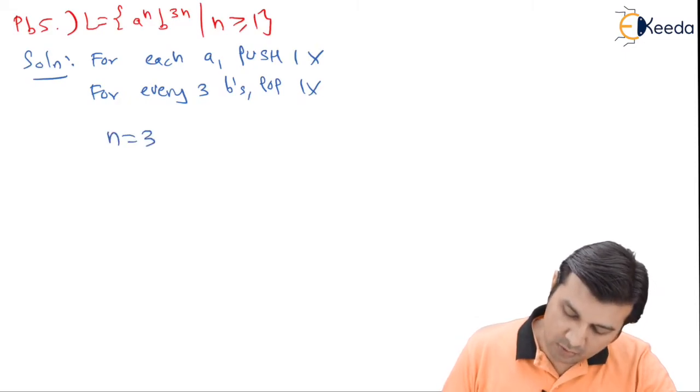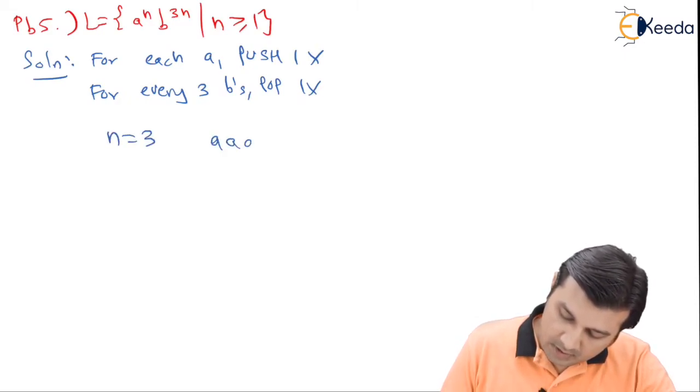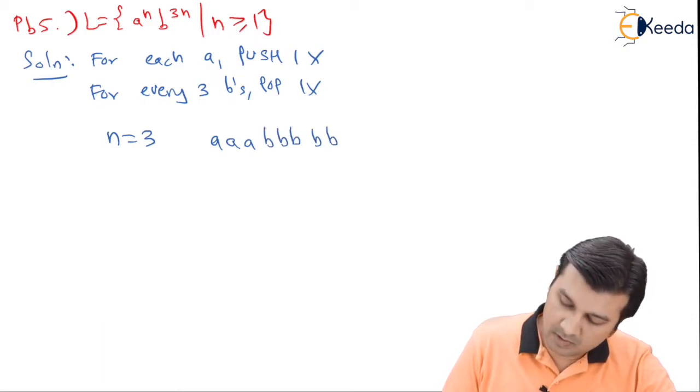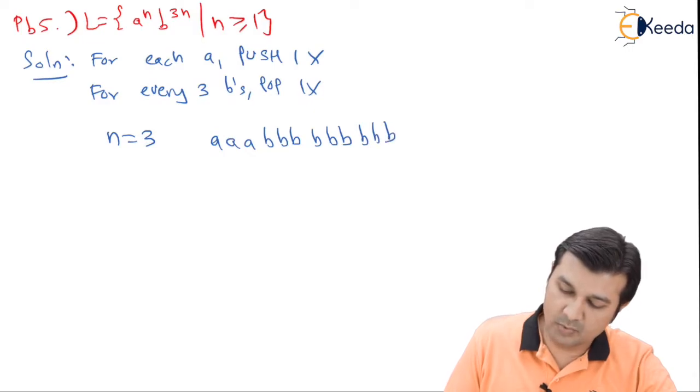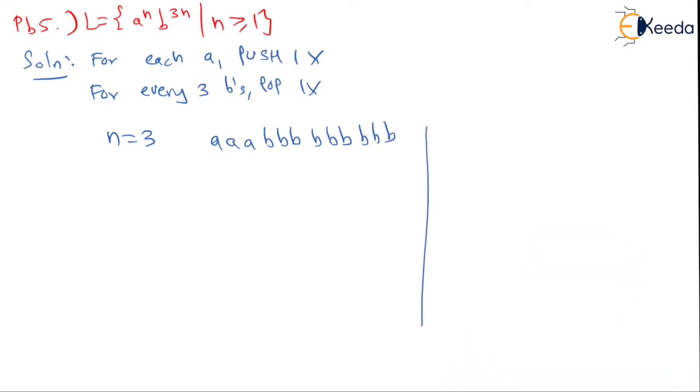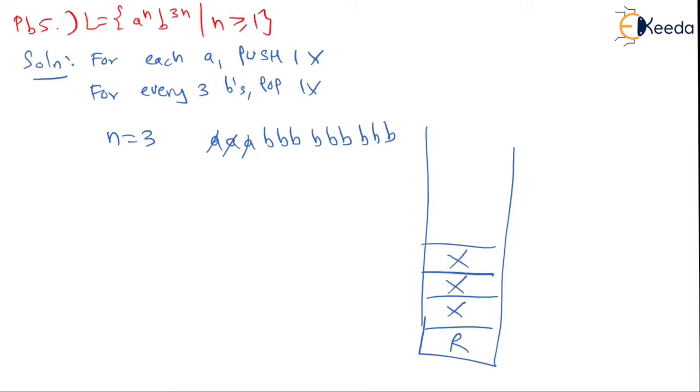Assuming n equal to 3, I have 3 a's and a total of 9 b's with me. This is my stack. Bottom is R. For a, I push 1 x. For a, I push 1 x. For a, I push 1 x.